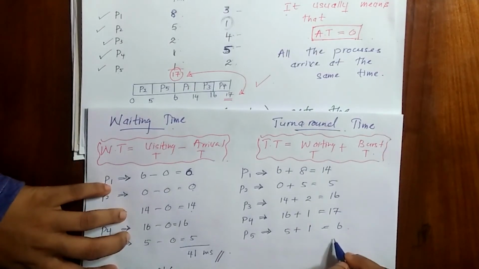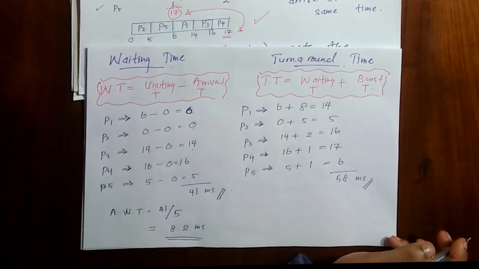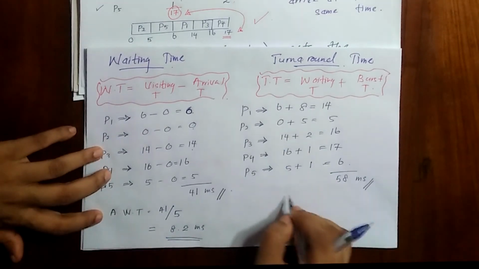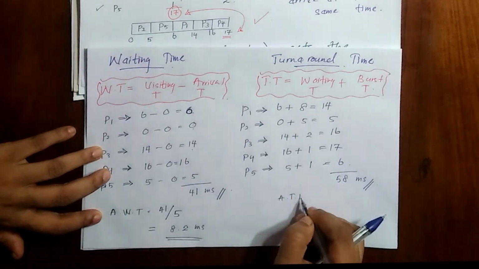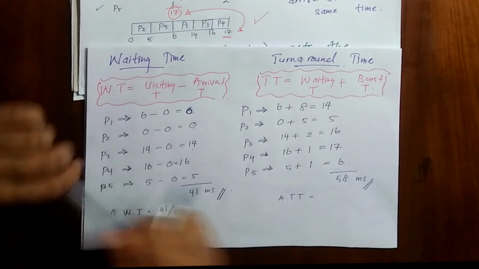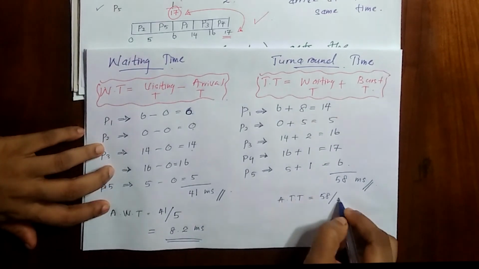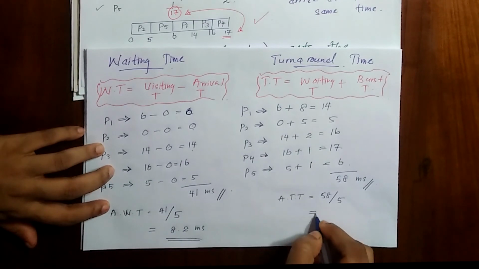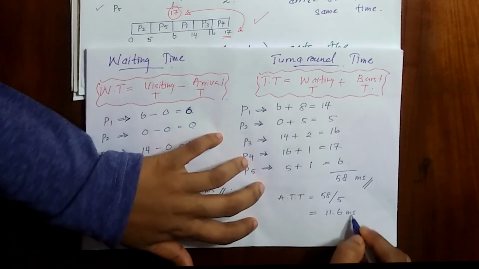So the total becomes 58 milliseconds, and the average turnaround time becomes 58 divided by 5, which is 11.6 milliseconds.